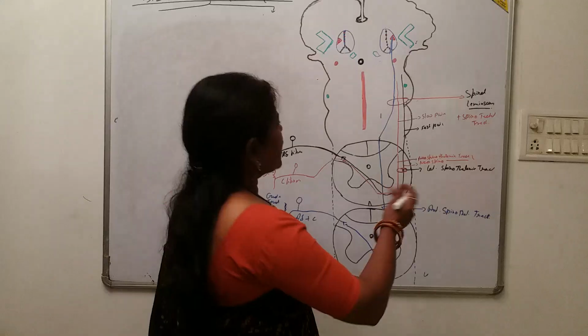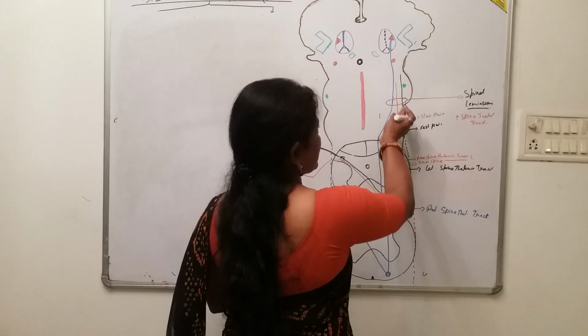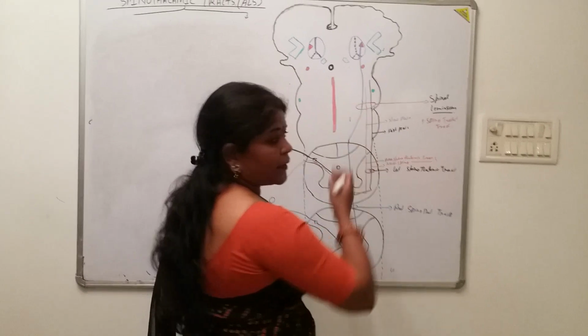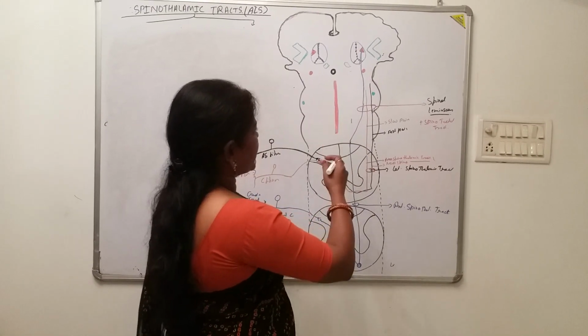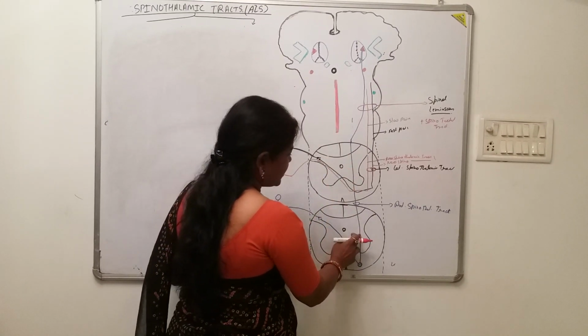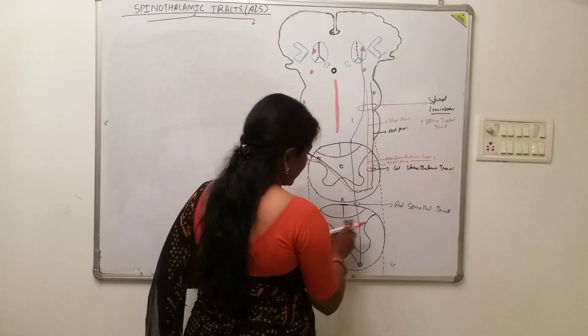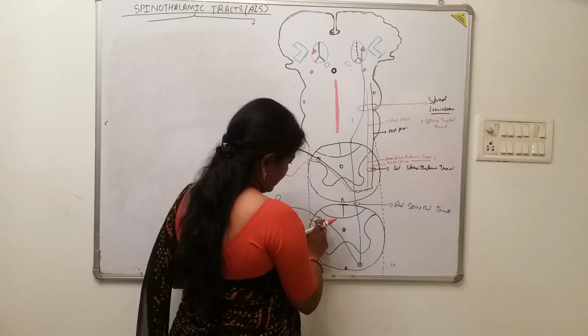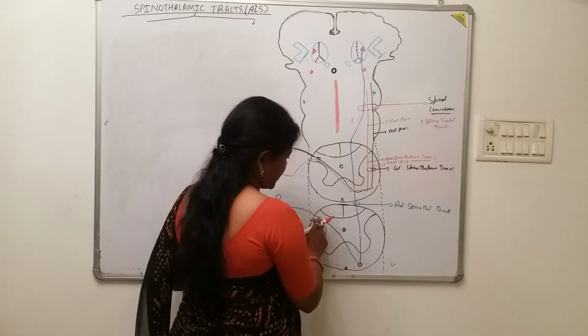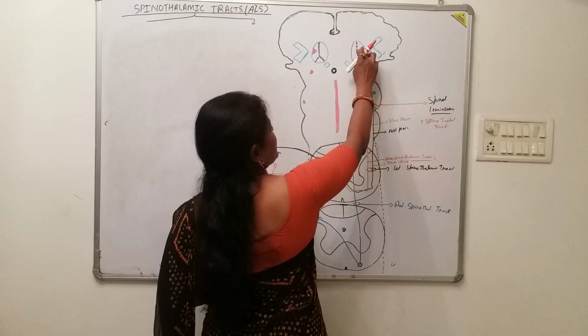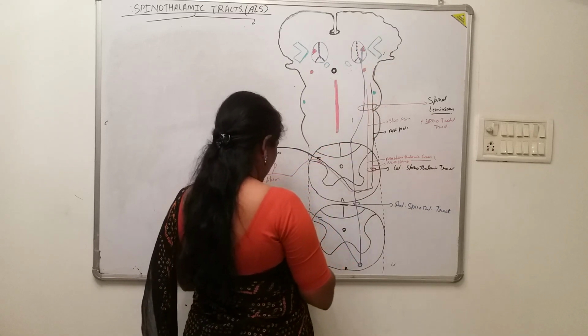Okay, now the fibers which are ascending upwards, the spinothalamic tract fibers, where do they terminate in their pathway? Look here. This blue color, this is the ventral or the anterior spinothalamic tract. The second order was originating from the substantia gelatinosa, and the third order neuron, it is present here in the thalamus.